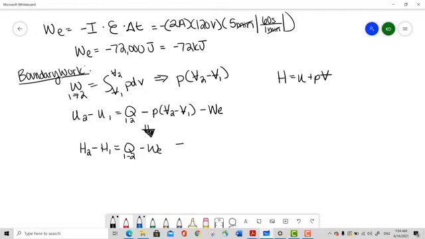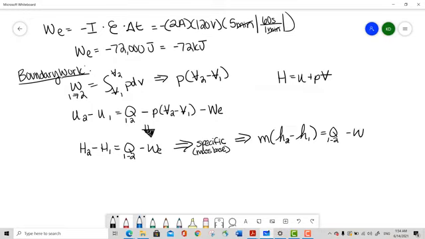And then if we wanted to go to specific, so mass base, then we would end up with M H1 minus, right, because we would just pull the mass out. Actually, it's H2 minus H1 equals Q2 WE. Okay. And so what do we know about nitrogen? Because that's our substance that we're working with. We know that it's an ideal gas.